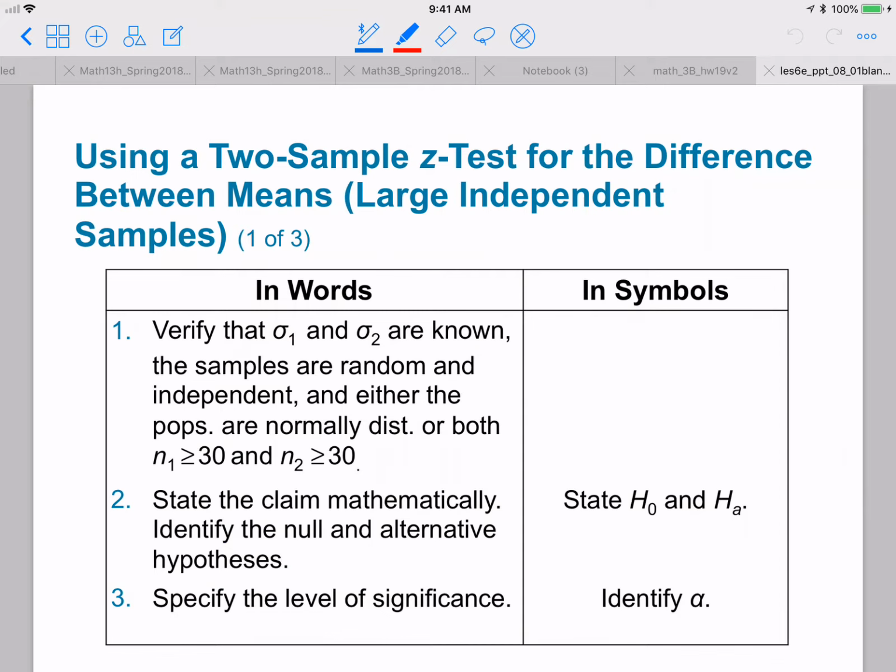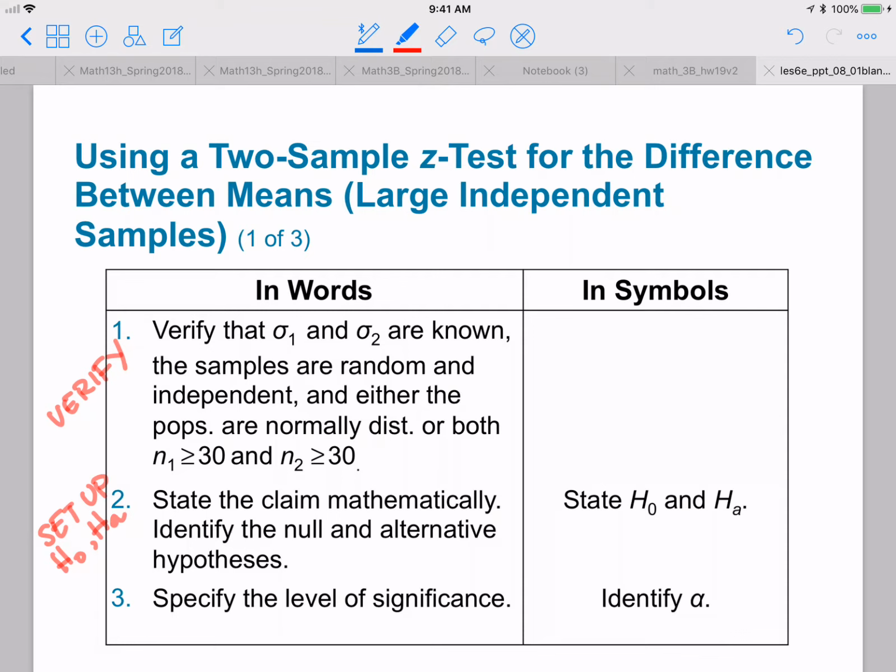So in words, we have exactly the same procedure as we did in chapter 7. Okay. So number 1, the first thing we want to do is verify that we can use the test. Number 2, we want to set up the hypotheses, the null and alternative hypotheses.